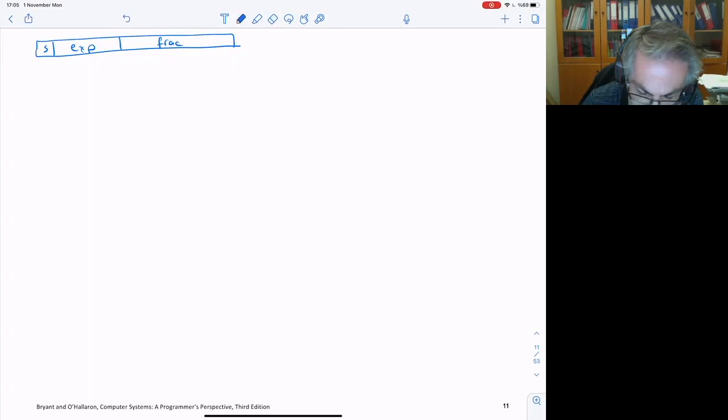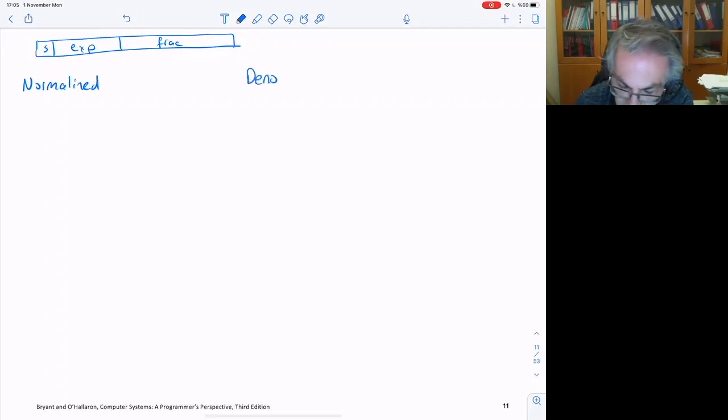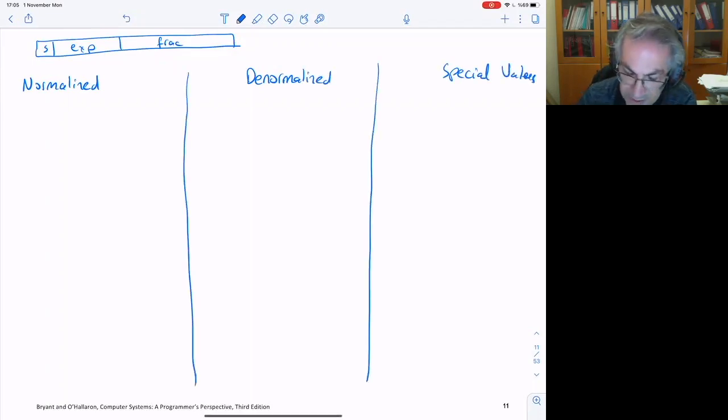So the first one is the normalized mode, we have the denormalized mode, and we have the special values.